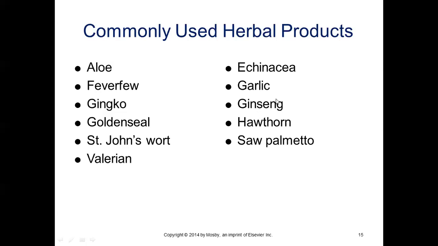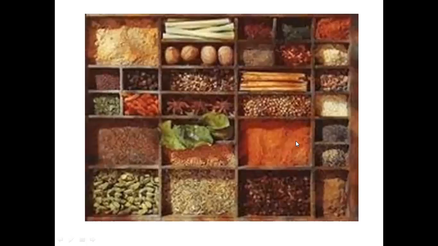Saw palmetto we use for hair loss or to support the health of the prostate, and like ginseng also improves urine flow. These are the names of the most common herbs or herbal medications.